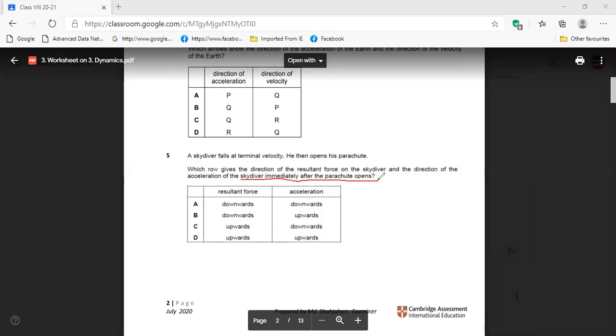So the skydiver immediately after the parachute opens, at that time what will be the acceleration and resultant force direction?